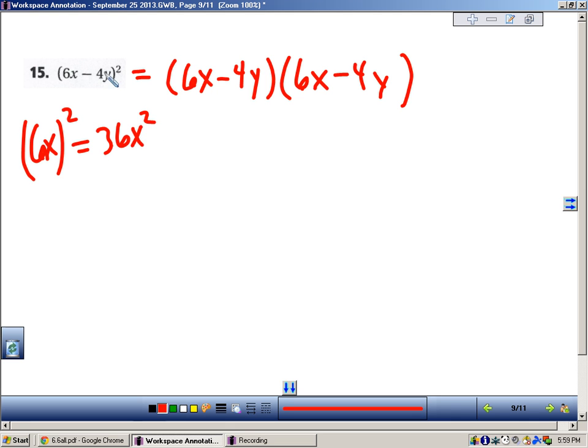The last term, square it. Now you're going to square a negative, so it's going to become a positive. That would be 16y squared. Take the first and the last term, multiply them, and then double it.